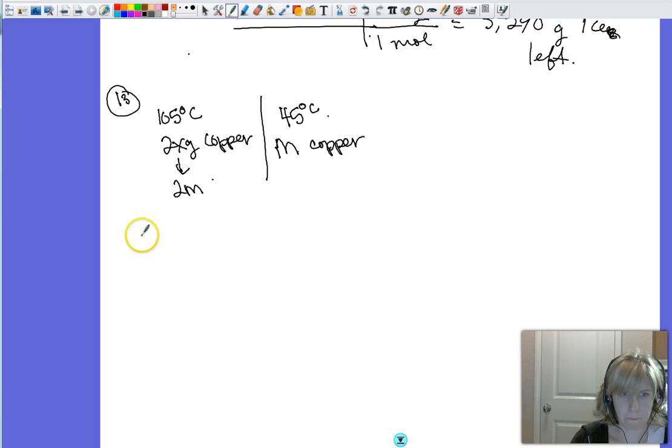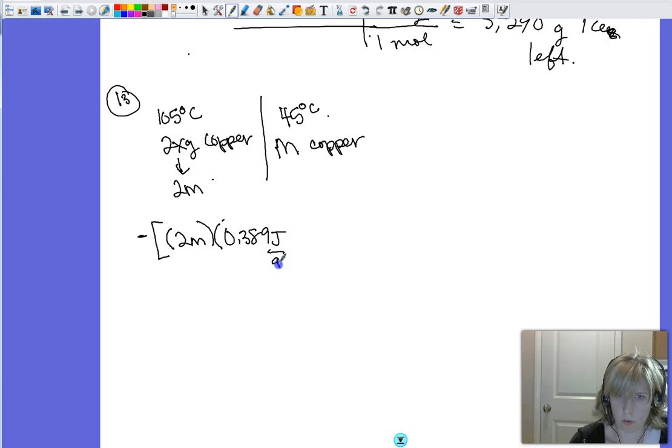Now, to set it up, the one that is hotter, so the one that has a higher temperature, is going to be the one that we're going to put in the negative bracket. So I'm going to put the 2m for the mass. If you look on your reference sheet, copper is 0.389 joules per gram degree Celsius, and we don't know the final temperature, and we started at 105.